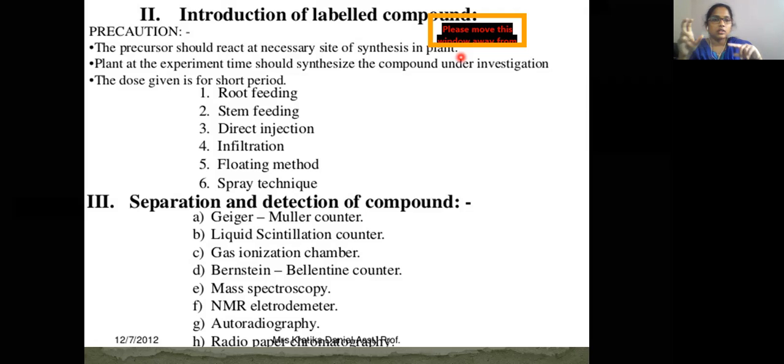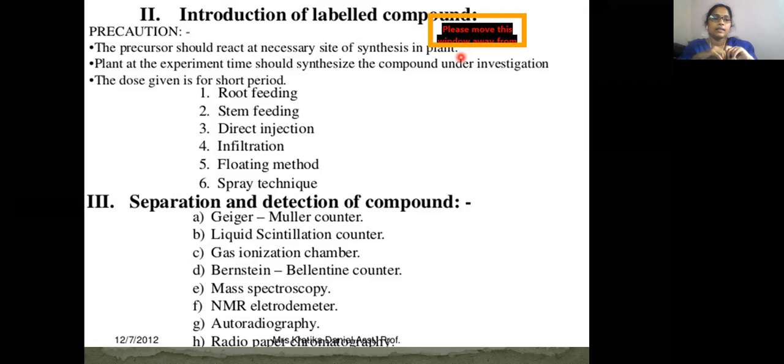The reaction is taking place in the stem and the radio labeled compound is there in the root, so it will not be available to be involved in the reactions taking place in the stem. So the first and foremost thing is to identify the site and introduce this radio labeled compound into that particular site only where the synthesis takes place.